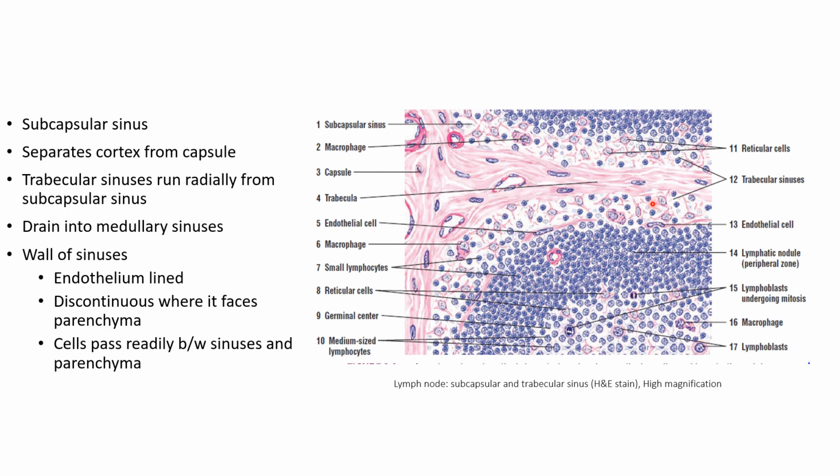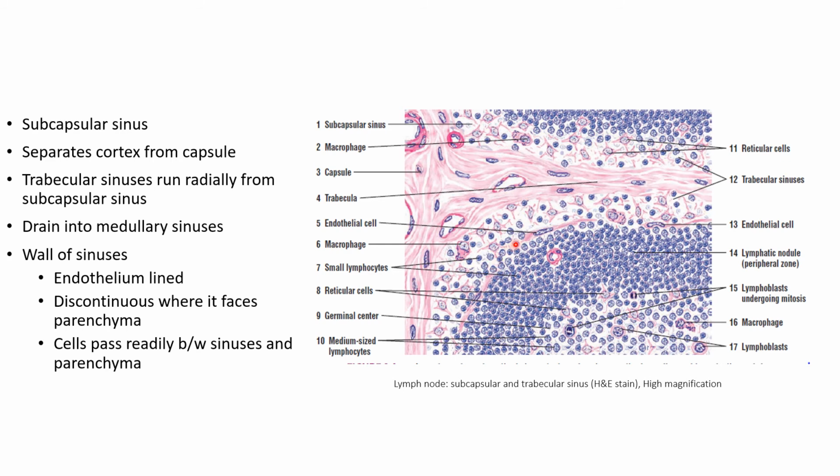Now, I told you that these sinuses are lined by endothelium. The walls of these sinuses are continuous where they line the capsule and the trabeculae. However, their wall is discontinuous towards the side where the sinuses face the parenchyma of the lymph node, and you can see a discontinuity here.